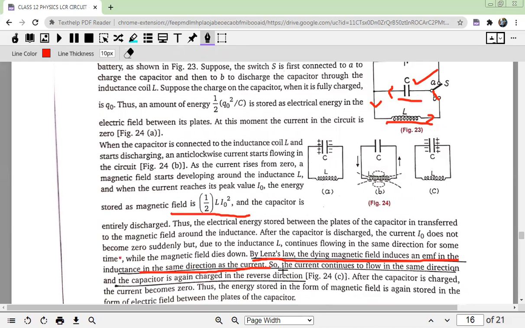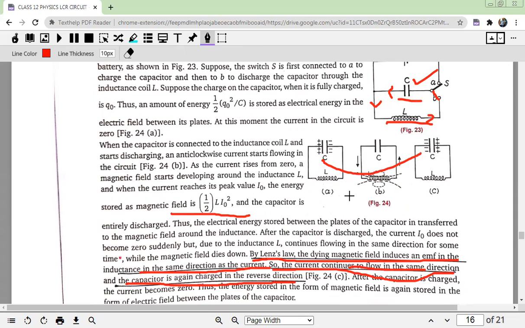So the current continues to flow in the same direction, and the capacitor is again charging in the reverse direction. Again charging in the reverse direction means now this plate will become positive and this plate will become negative. If you see here, now the polarity of the plates has changed. The positive plate has become negative and the negative plate has become positive.